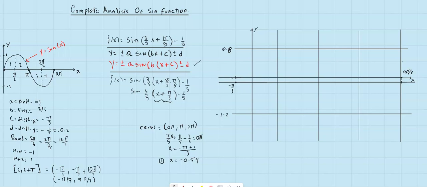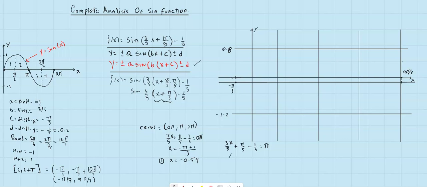My second 0 will be the same thing. I will have to set this up to be 3x over 5 plus pi over 5 minus 1 over 5 is equal to pi. The common denominator will be 5, so that'll be 5 pi, shifting everything to the left, minus pi plus 1 over 3.